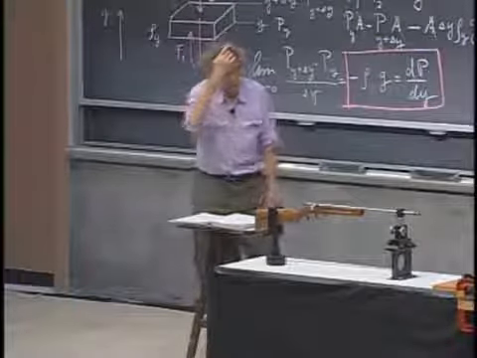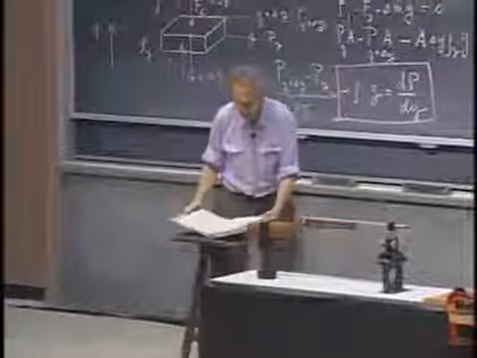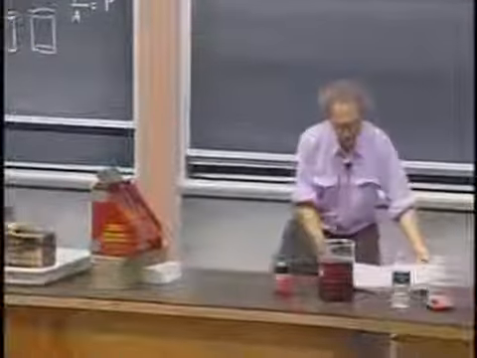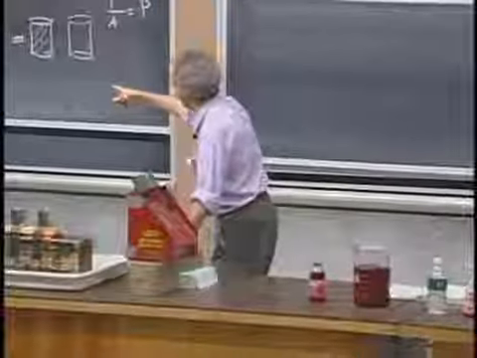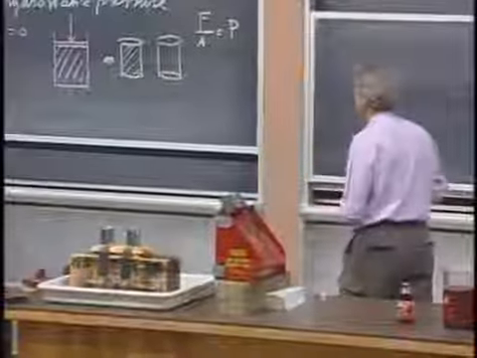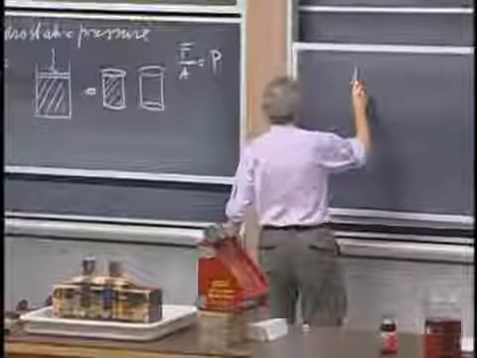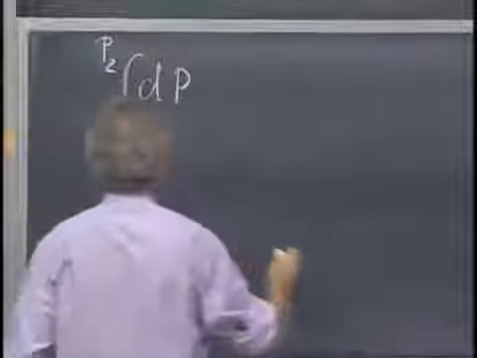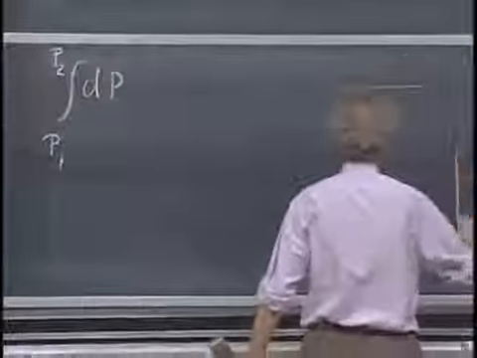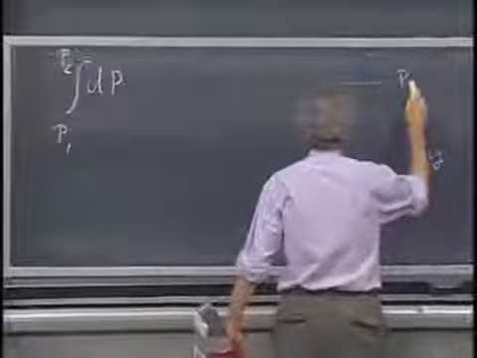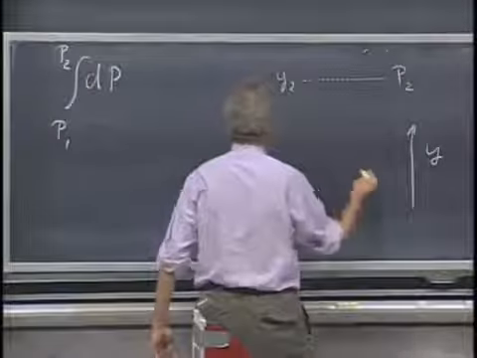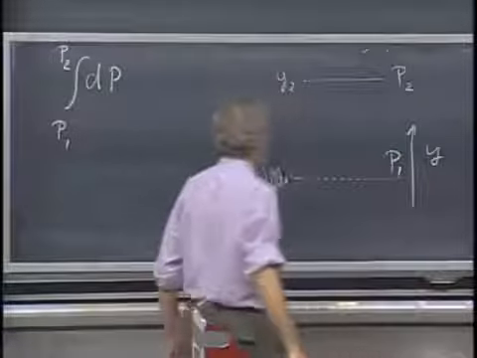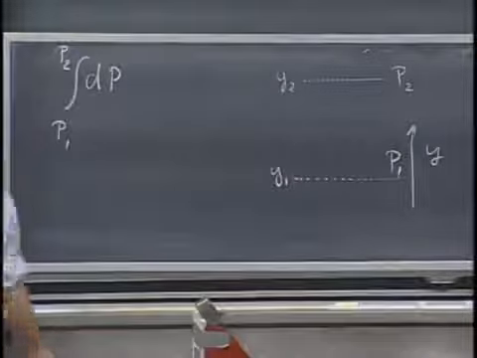I will assume from now on that liquids are completely incompressible. In other words, I can now use this law that we have there and do a very simple integration. I have now dP, which I can integrate from some value P1 to P2. This is level Y2, level Y1, pressure P1 in the liquid.